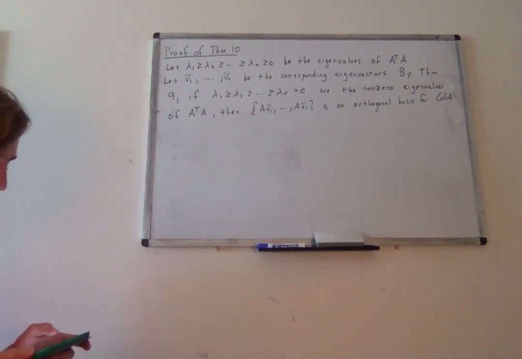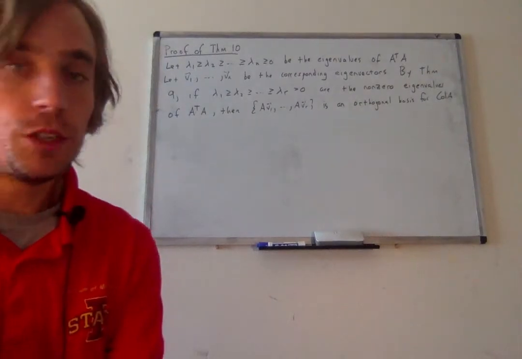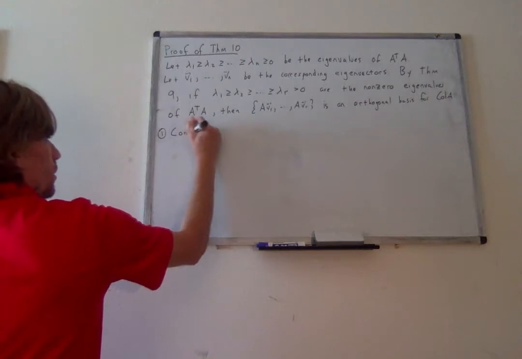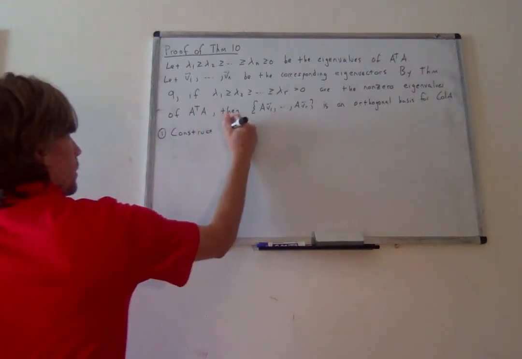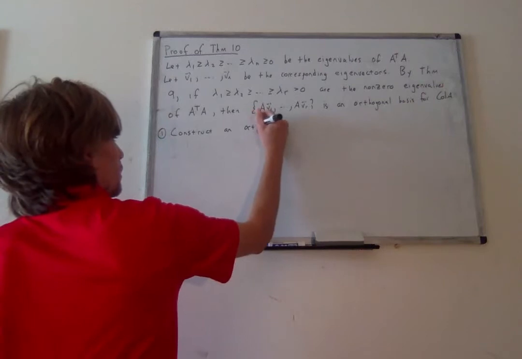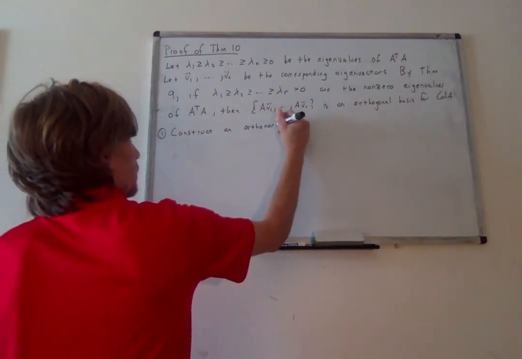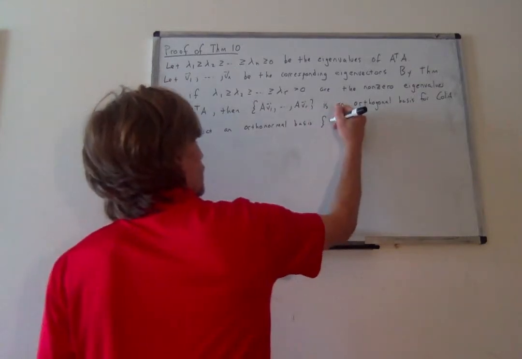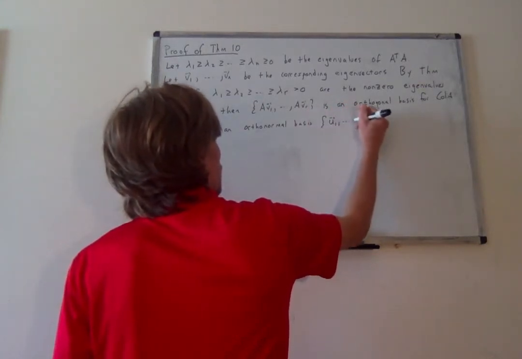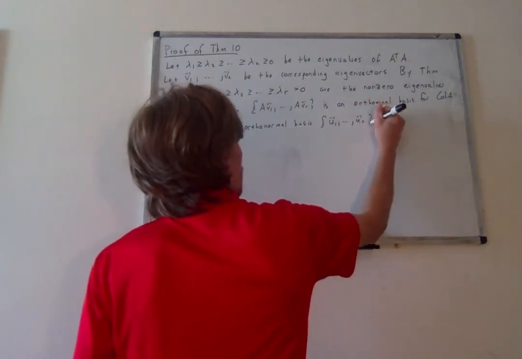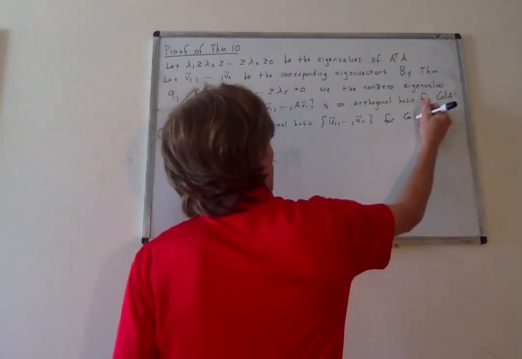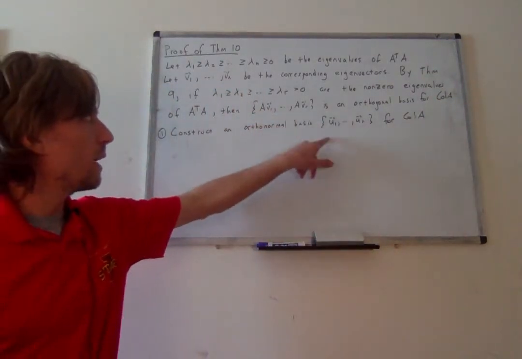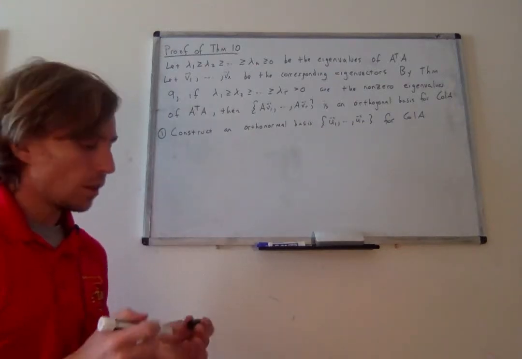So what we're going to do is construct an orthonormal basis U1 through UR for the column space of A, using this basis A times V1 through A times VR.